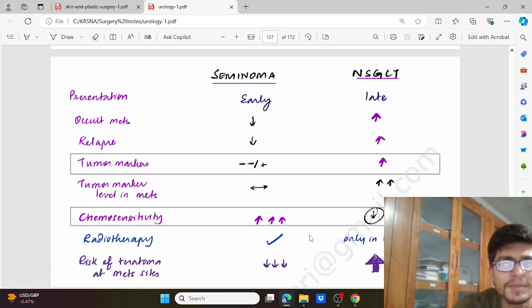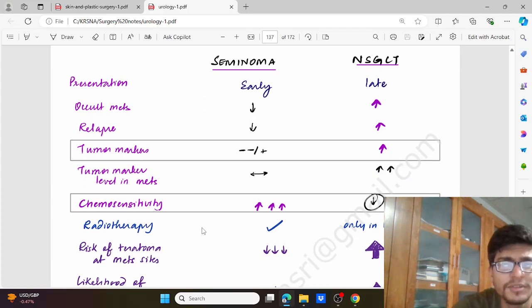Now differentiating between seminoma and non-seminomatous germ cell tumor. So the presentation is early in seminoma, late in non-seminoma; occult mets are low in seminoma, high in non-seminoma; relapse is low in seminoma and high in non-seminoma. Tumor markers are generally negative, may be positive in seminoma, but always increased in non-seminoma. Tumor marker levels in mets may not be increased in seminoma but are definitely very high in non-seminoma.